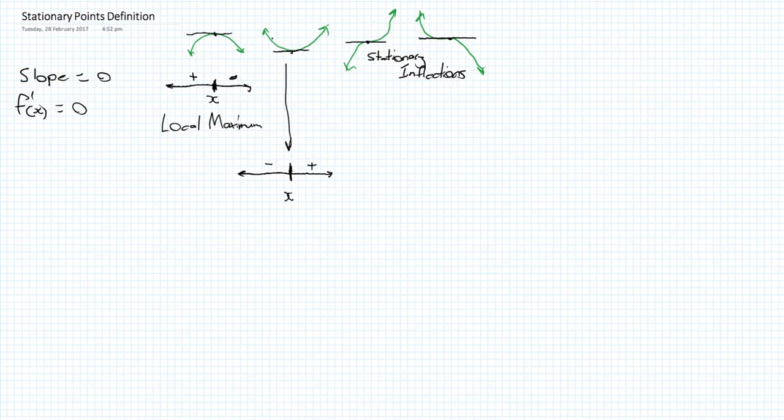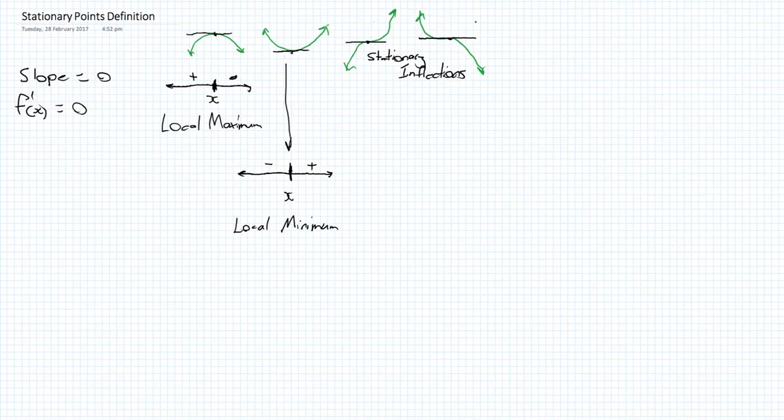So the slope here is negative, the slope here is positive, and we call this one the opposite of local maximum. Well, local still stays the same, but it's a minimum. So that's our two stationary points.